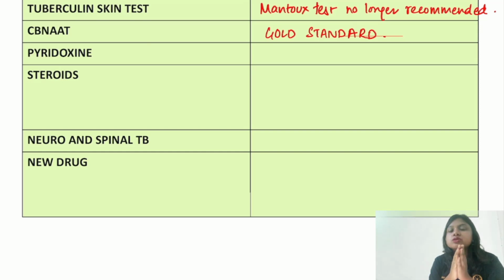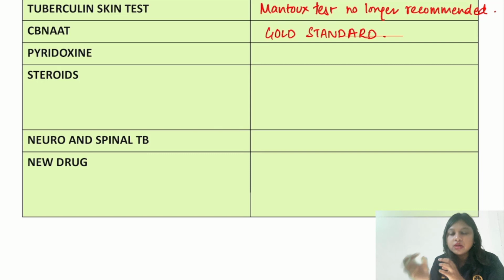First you need to go for a chest x-ray. If the chest x-ray is not suggestive of tuberculosis but the child has the symptoms, we go for 7 days of antibiotic, such as amoxiclav, and then we call the patient again and go for a CBNAAT. If the CBNAAT is positive, then of course it's microbiologically confirmed tuberculosis.